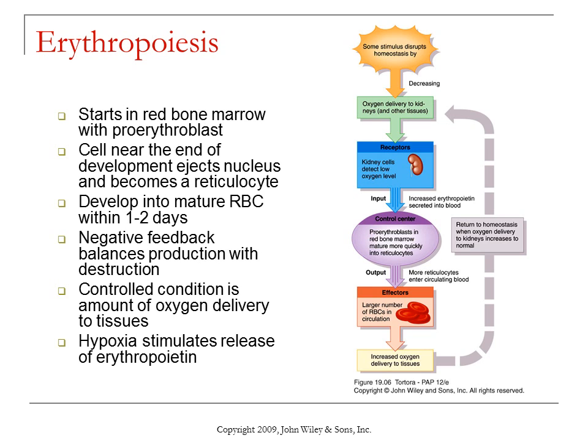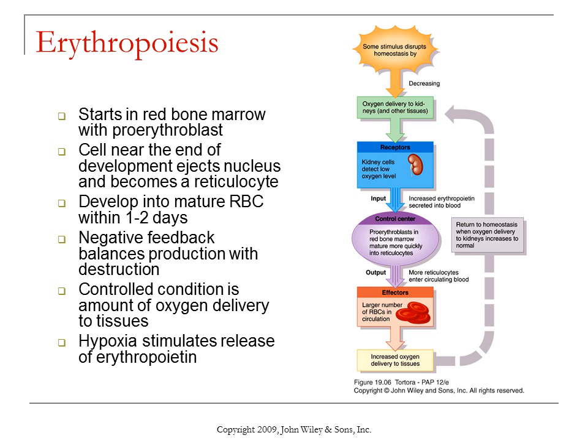The large number of red blood cells in circulation will lead to more oxygen delivery to the tissues, and this will return homeostasis, so that the kidney will reduce the erythropoietin secreted in order to reduce the red blood cells produced by the bone marrow.